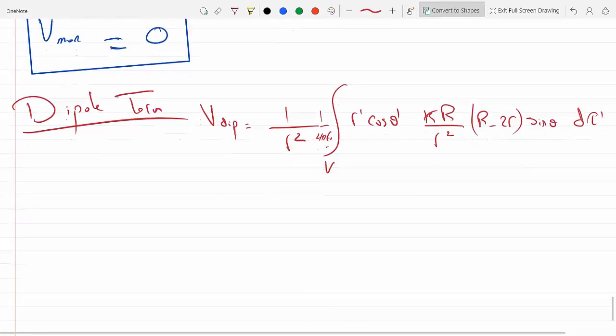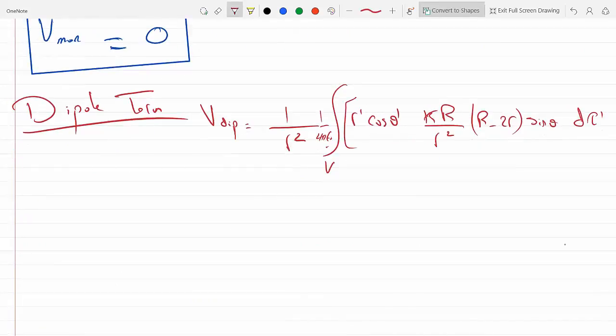Okay, so let's try to simplify this a bit. So we get V for the dipole, 1 over 4 pi epsilon, and let's bring kr out, so kr over r squared.